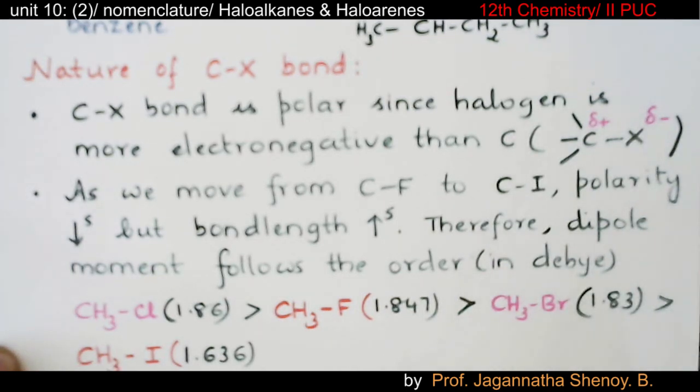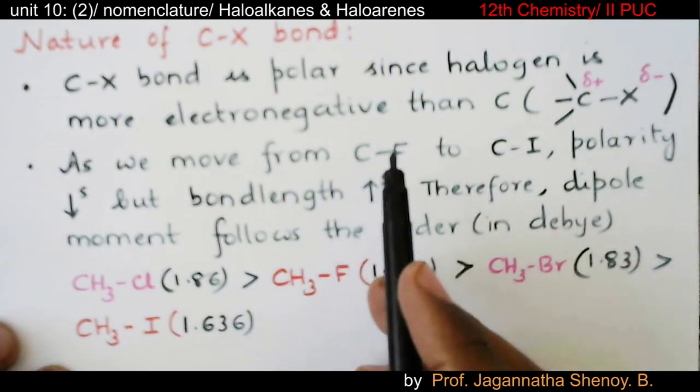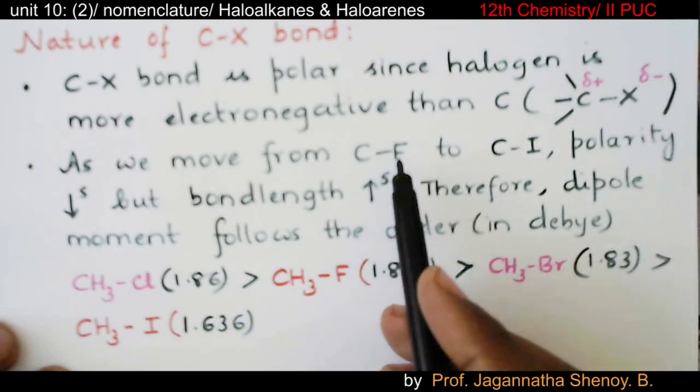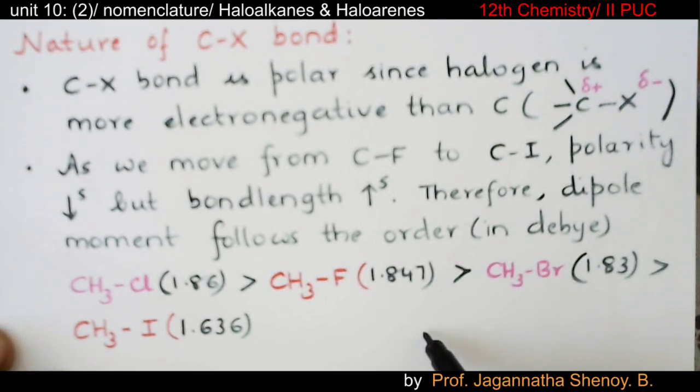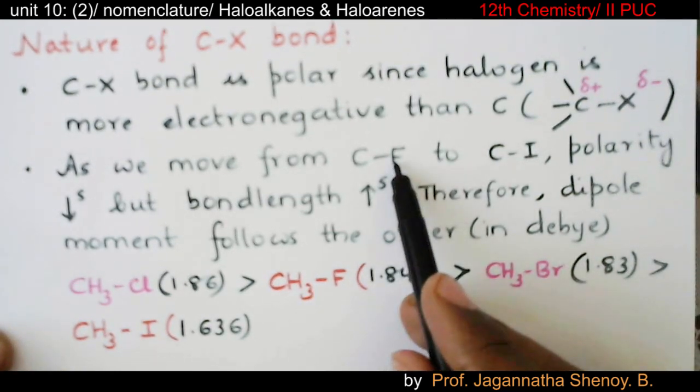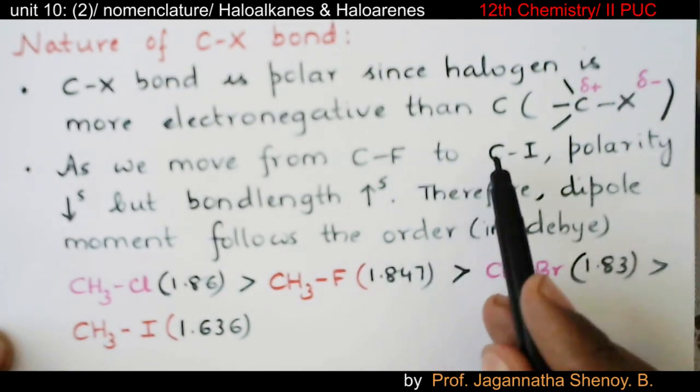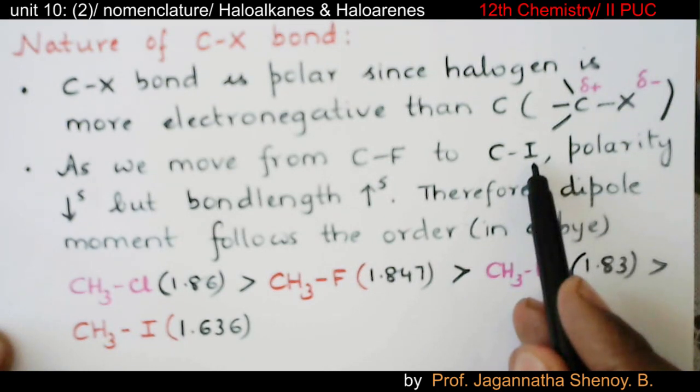Now, as we move from the carbon-fluorine bond to the carbon-iodine bond, what are the changes that you observe? You know, the fluorine atom is more electronegative than the iodine atom.